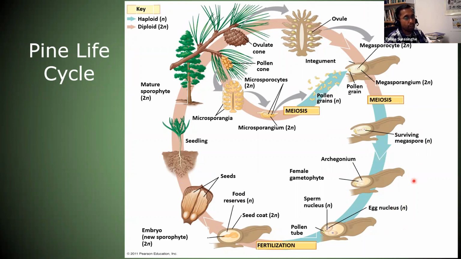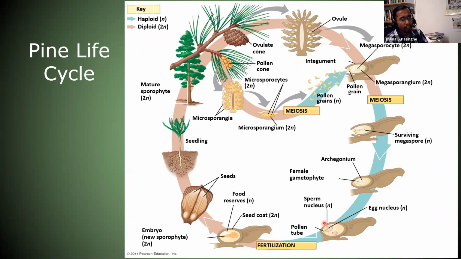The job of the female spore is to produce a female gametophyte, right? Also known as mega gametophyte, right? And that mega gametophyte will produce 2 archegonia, right? And with each archegonia with a single egg.